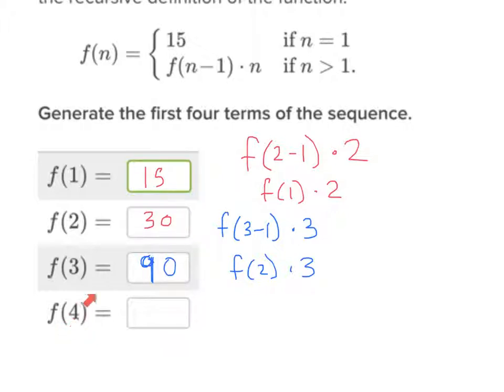So I need to take 4 and put it in for this n and for this n. And so I have f of 4 minus 1 times 4. That's f of 3 times 4. Well, f of 3, it says right here, is 90. So 90 times 4 is 360. So I have completed this sequence.